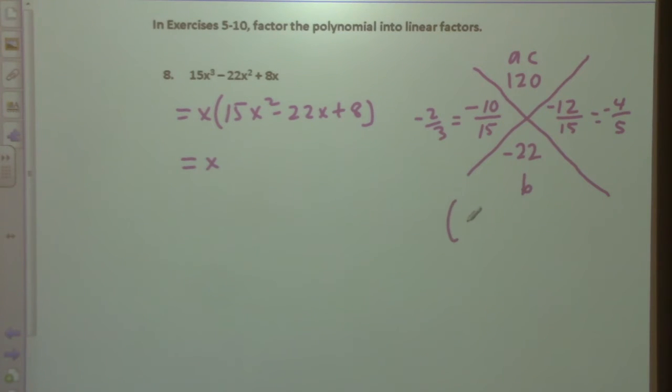So what we have here is x minus 2/3, x minus 4/5. So we can now do our bottoms up things. So we got 3x minus 2 and 5x minus 4. Is that right? And then we just kind of multiply them back together, see if we get negative 22. Yeah, we do, right?